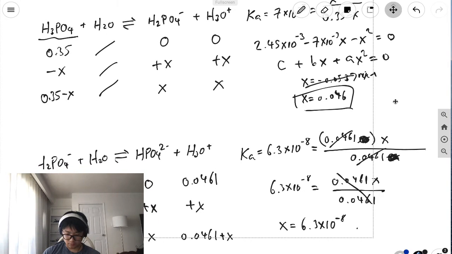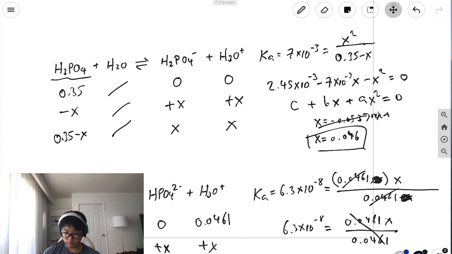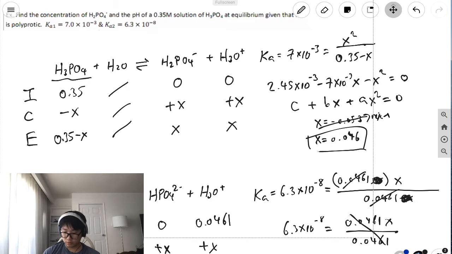Because I think we did something wrong. I'm just looking at their solution. X should actually be 0.16. Wait, you're not sharing your screen anymore. Can I see your share screen one more time? Yuki? I think you're cutting out.